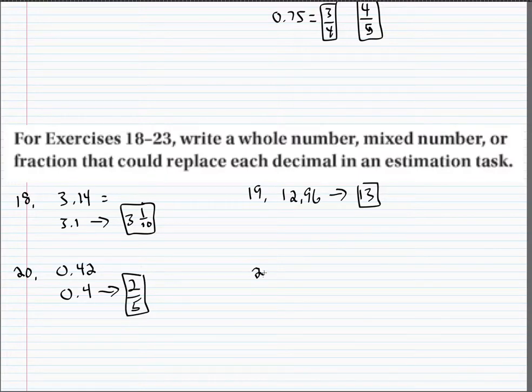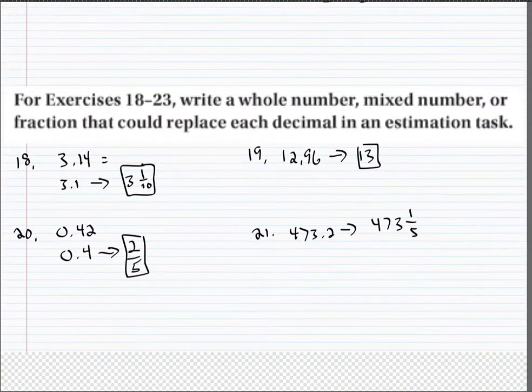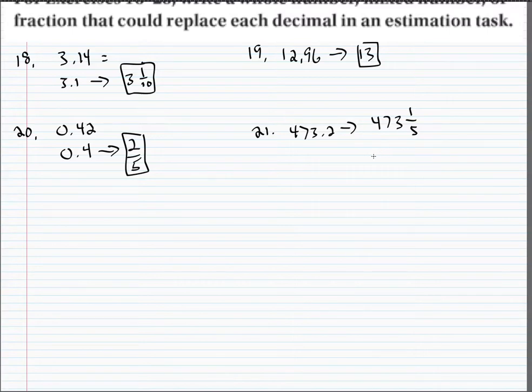For 21, we were given 473.2, which really is 473 2/10, and 2/10 reduces to 1/5. I also think 473 would be an acceptable answer there.